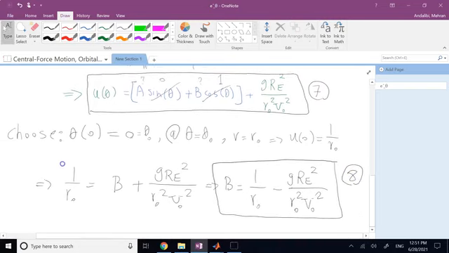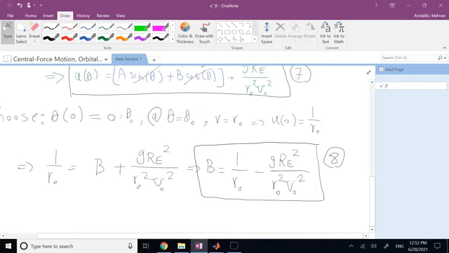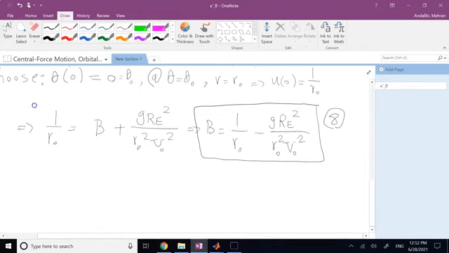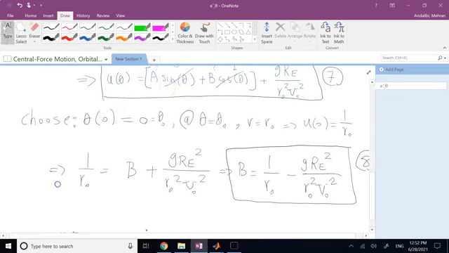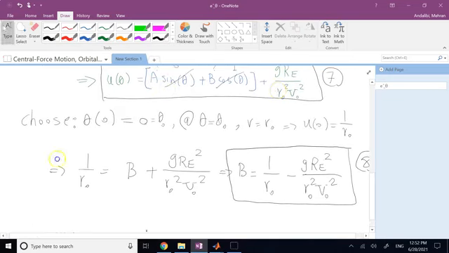Now let's apply the other initial condition I have. And what is that? Well, at time 0, if you remember, the VR, which is dr over dt, so VR at t of 0, which is r dot at t of 0, this guy was 0. But what was r dot in terms of u? Because here everything is in terms of u, not r.